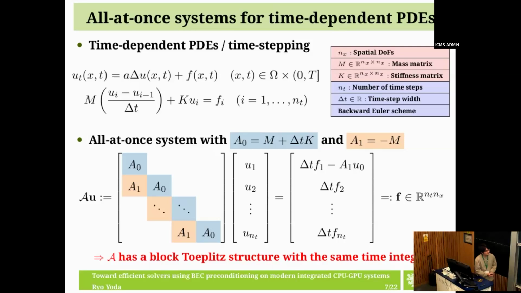So we can see that the all-at-once system has a block temporal structure with the same time integrator. Then if we solve these systems iteratively with a preconditioning method, we would like to consider a good preconditioner for this type of problem.